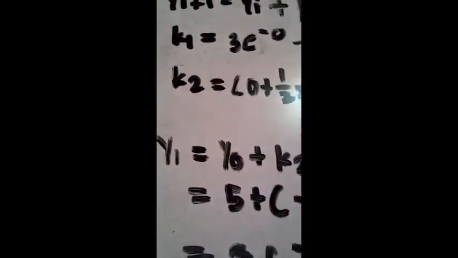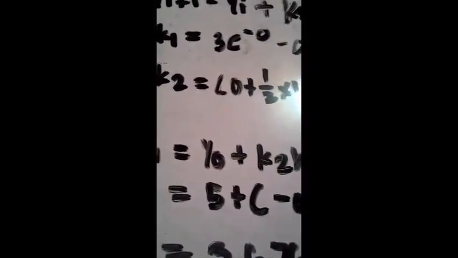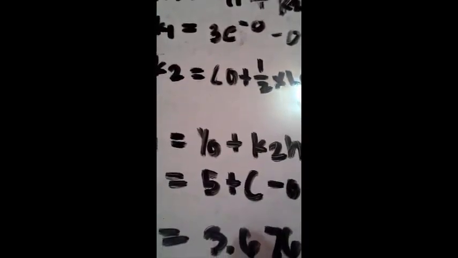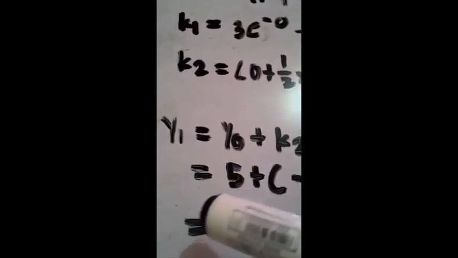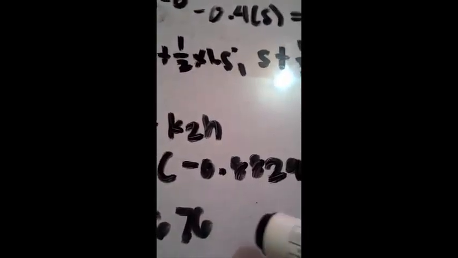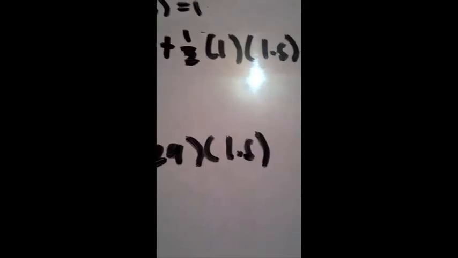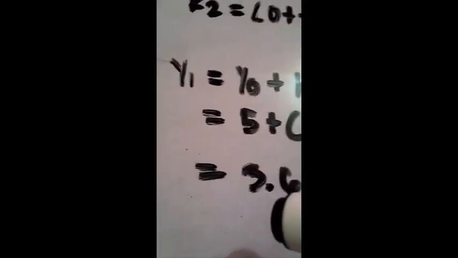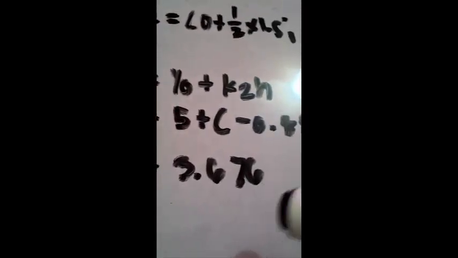Now we have our answers from k1 and k2. Now we just plug in our answers to the main formula. y1 is equal to 5 plus negative 0.8829 multiplied by the step size 1.5, which is equal to 3.676.